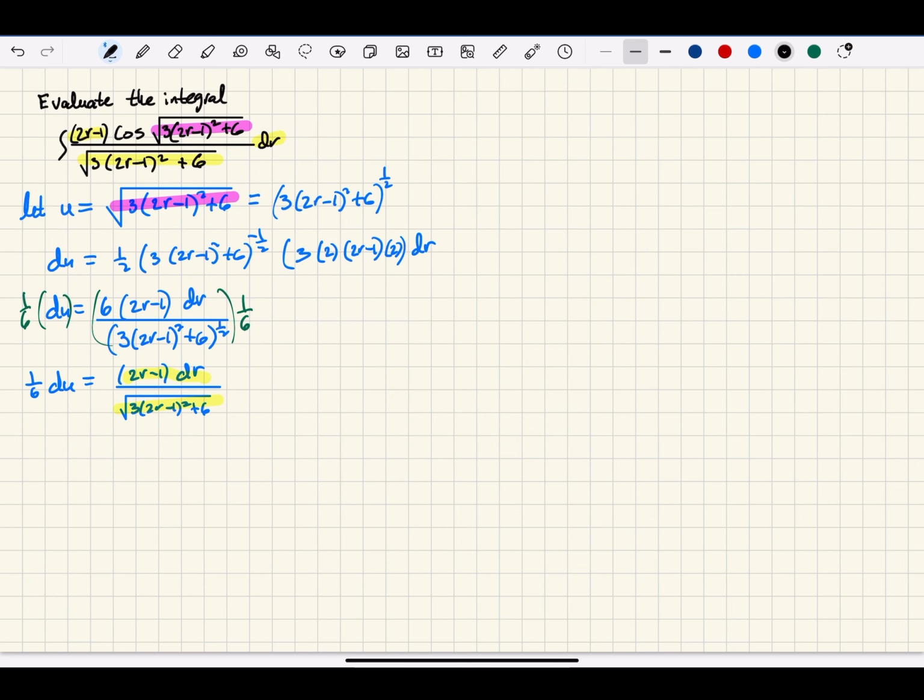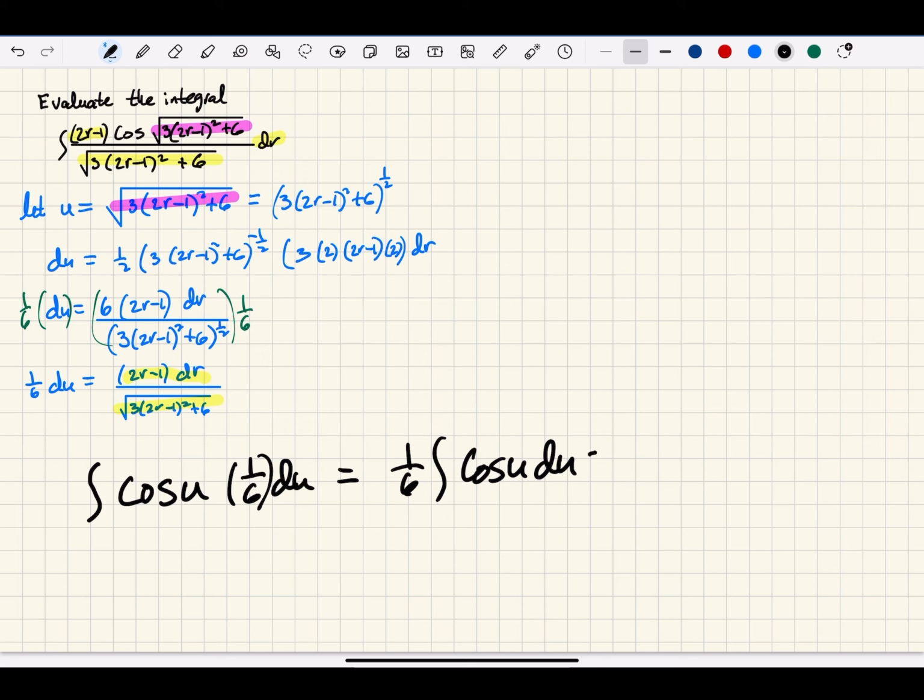So we could rewrite our integral as the integral of the cosine of u times 1/6 du, which would be 1/6 times the integral of the cosine of u du, which would be equal to 1/6 times the sine of u plus C. Now we would need to substitute back.